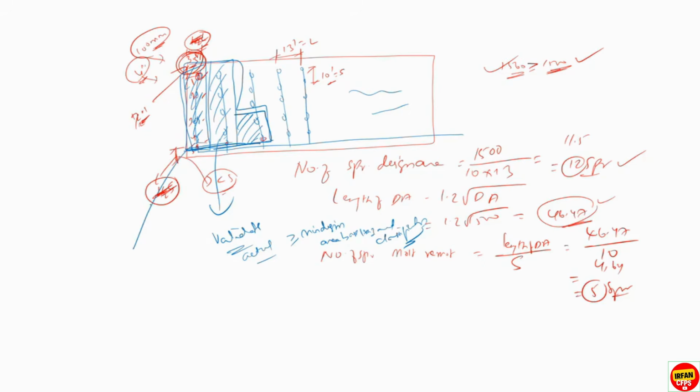So area of the larger rectangle plus area of the small rectangle, this plus this, you will get actual design area. So area of the larger rectangle, when you measure, area is length into width, right?